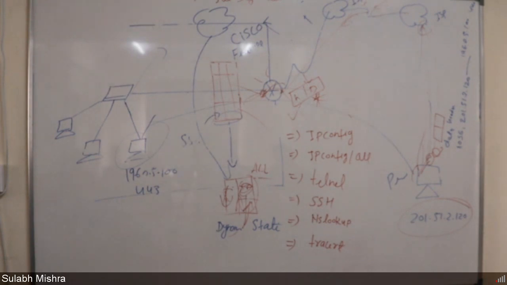A firewall is a network security device which filters inbound traffic, meaning traffic coming from outside, and outbound traffic, traffic going out from inside. We can create rules for what inside users can connect to outside, on which port number, and that can also be filtered by the firewall. Coming in means inbound, going out means outbound. So a firewall filters inbound and outbound traffic or connections based on the port number, protocol, and IP address.